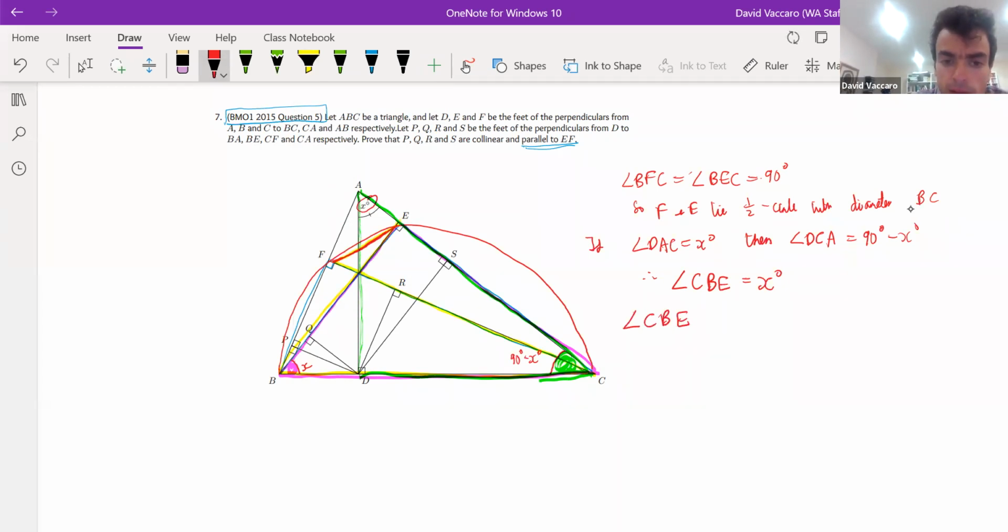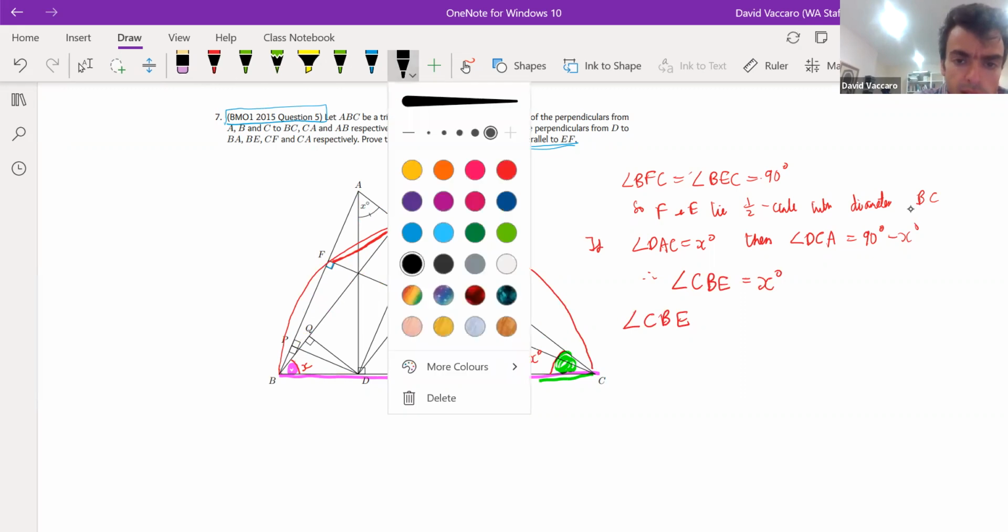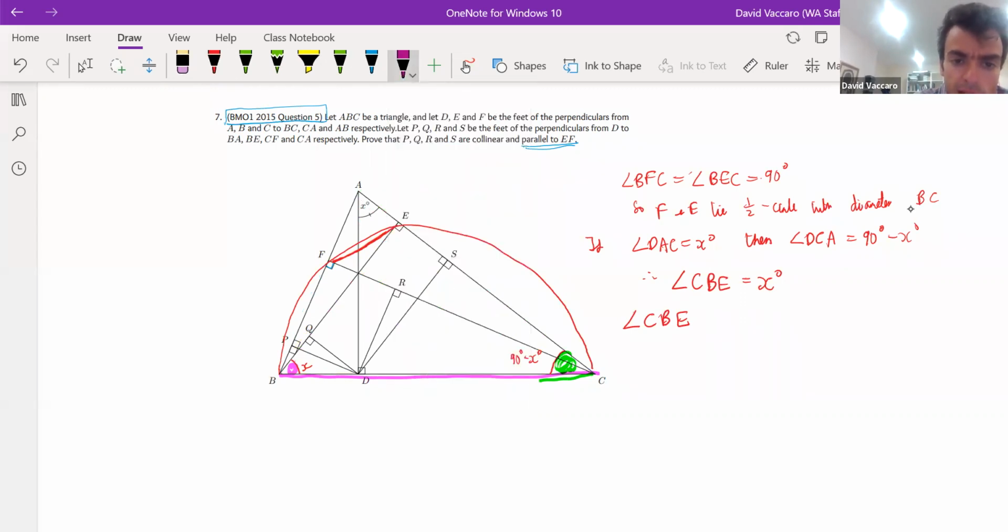I'll just get rid of all the shadings apart from the ones which are relevant, and I'll do those in a different color, nice and thick. So we've got this angle CFE, and we've got this angle CBE.